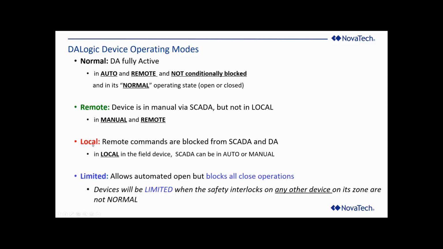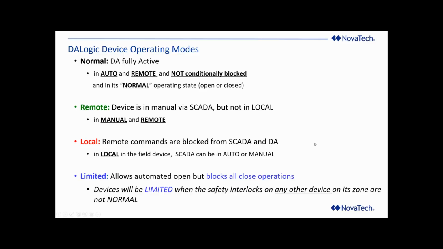We already talked about what local is, and limited is a special device mode that is determined dynamically based on the conditions of the system. Most of the time, a device is going to go into limited mode when there is a DA event or after the DA event has occurred. So if any of the safety interlocks are set, a device will be put in limited if one of these safety interlocks is in a restrictive mode at the adjacent device.